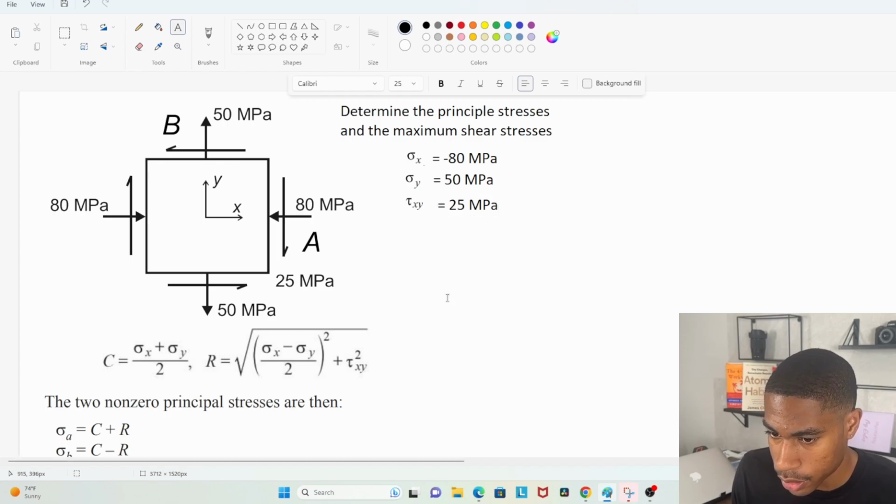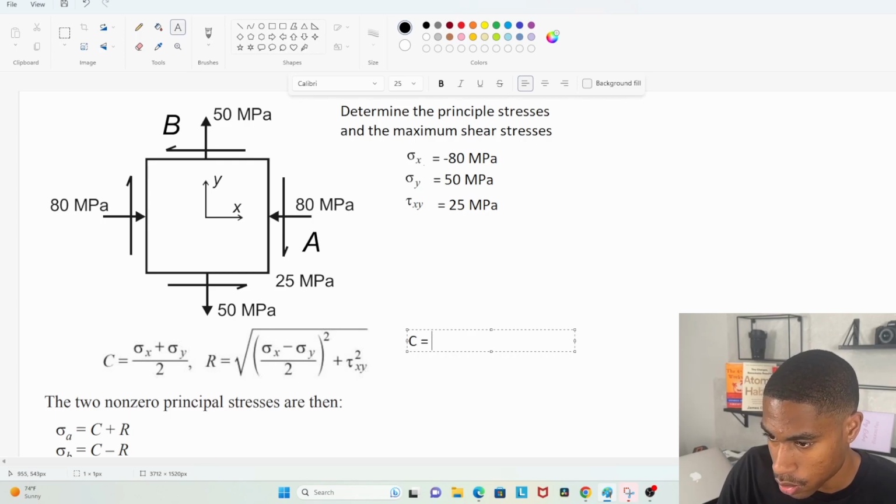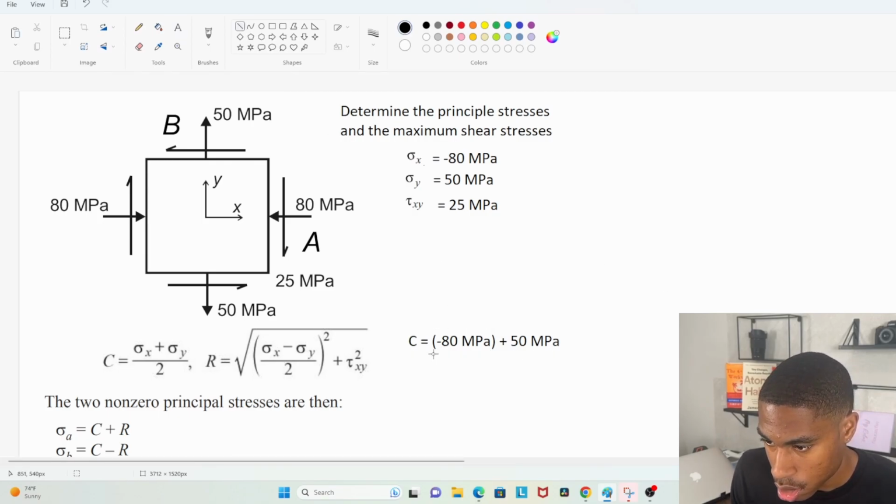All right. Now it looks like we have normal stress X and normal stress Y, so now we can solve for C. C is equal to negative 80 MPa, and then plus, what's my sigma Y? 50, and we'll divide that by 2.